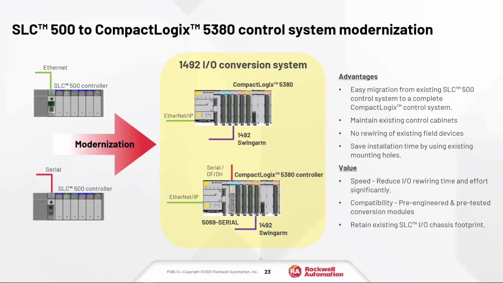And if you have questions about communications other than Ethernet, if you do have to keep serial there, the good news is that about 4 years ago, Rockwell released a 5069 serial module. So that will handle most of the serial communications.